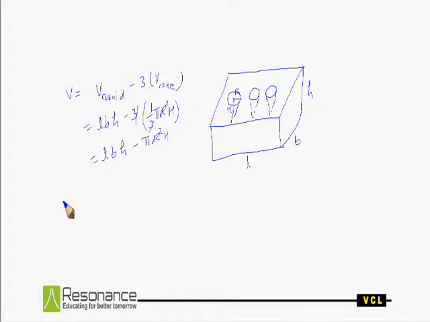Now we try to find the total surface area of this pen stand. So in this pen stand, we seen that the total surface area is equals to the total surface area of cuboid.